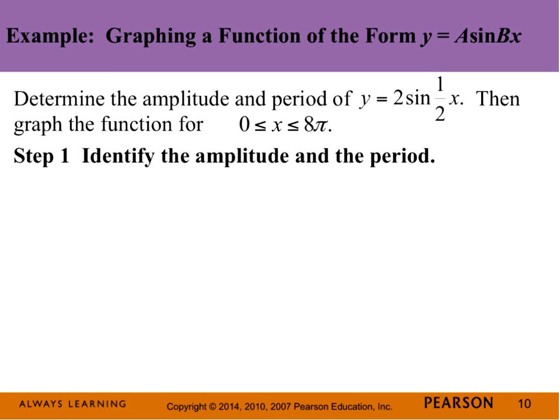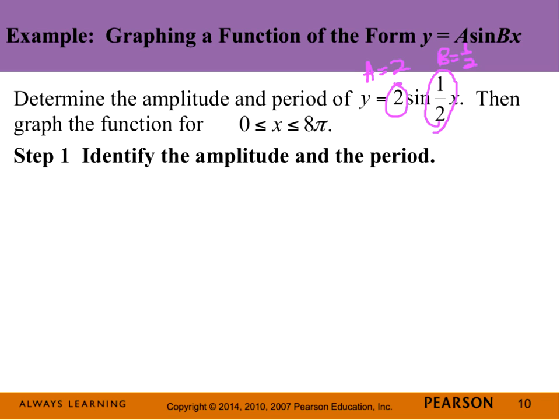Okay, so we have a new function here, and notice we've got an A value, A is 2, and now we have a B value. I'm just going to show you, it's no different of a process. I'll show you how it changes the way the function looks.